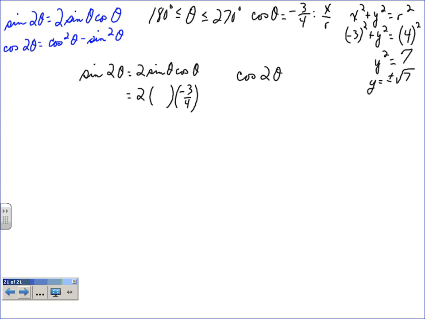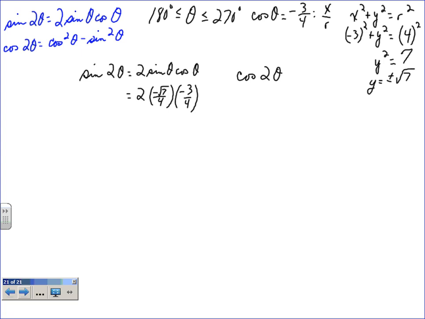Which is it? Plus? Minus? It's in the third quadrant, so it is minus square root of 7 over 4.